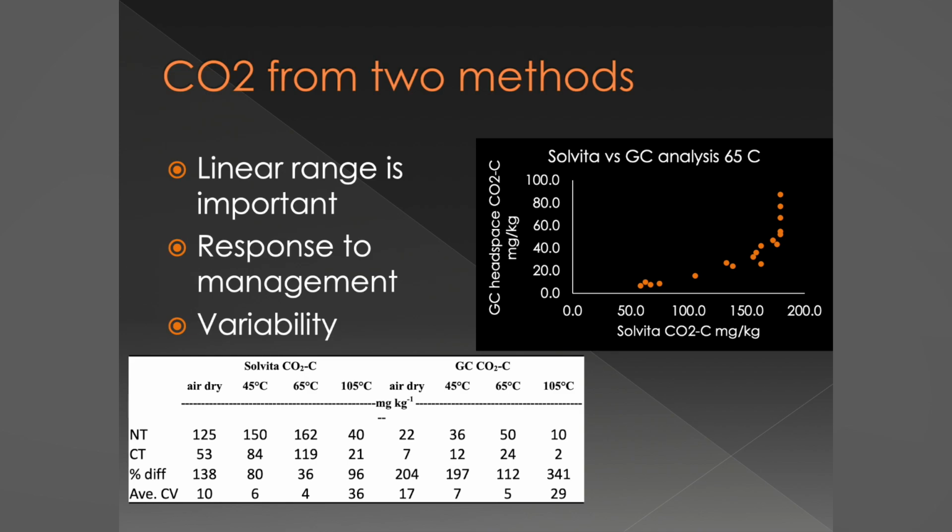But you see a very high correlation. But he tends to get saturated at about 180 parts per million, so now he's going to use bigger jars and smaller soil sizes. And when you send samples that you may have sent 5 years ago to a lab that runs Solvita, you're going to get different numbers because he's changing his method. So be aware of that.